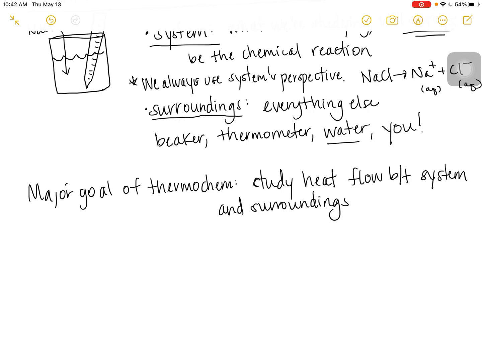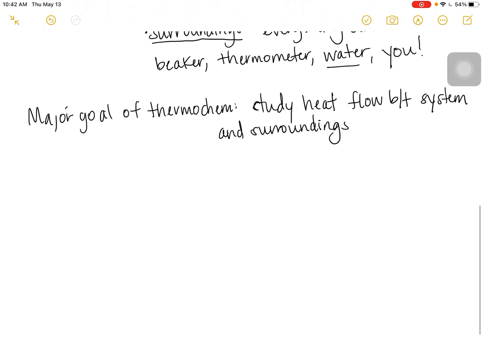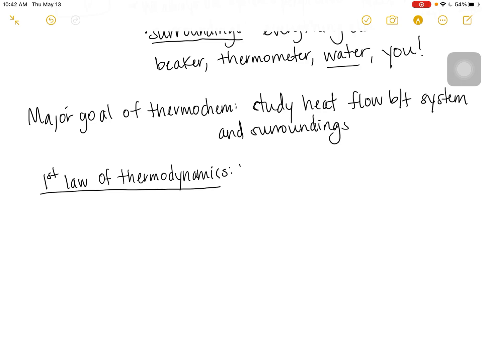And this flow of heat revolves around something that I'm going to call the first law of thermodynamics. Which says that heat or energy is conserved. It's not lost or gained.